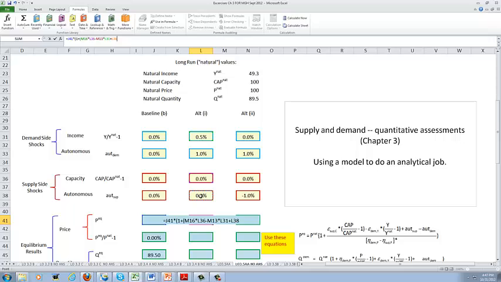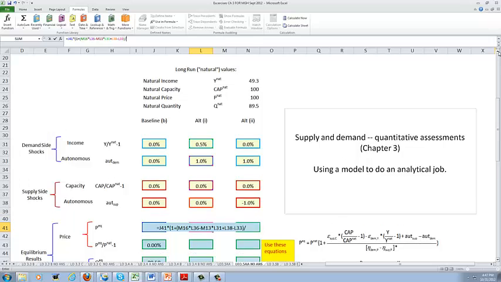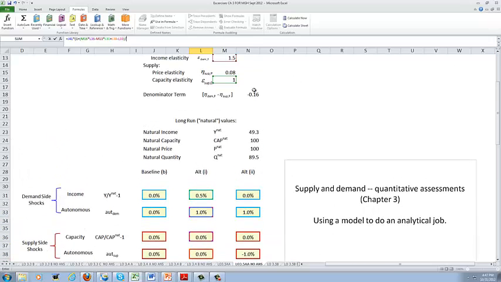Our fourth item is the autonomous shock to demand, and we're going to subtract that off, then put a parenthesis around this and divide it through. We have a denominator term down here, which is the difference between the price elasticities of supply and demand, and we have that ready made for us. It's already calculated. That's here.